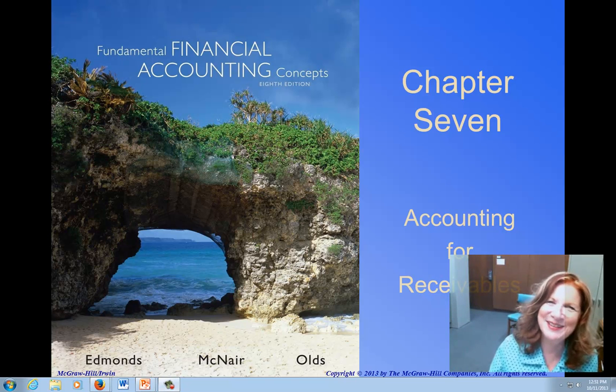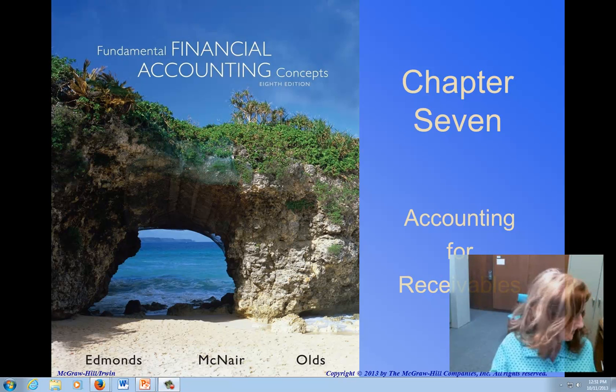I'm sorry, I was looking, I should have marked it someplace. But the direct write-off method is when you don't use an allowance, and so you just write every account off to expense every time it happens.